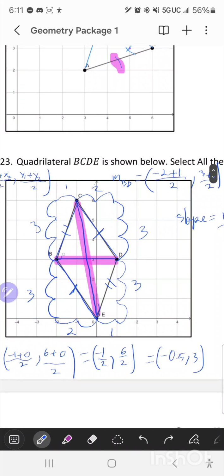So as I can see here, the slope of BC is going to be rise 3 from 1, so it's 3 over 1, which is only 3. So slope equals 3.